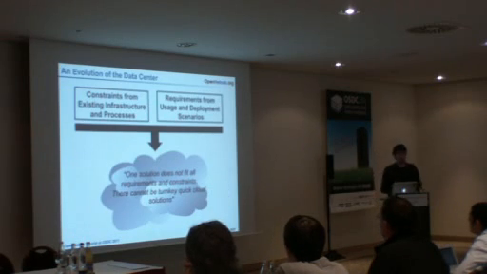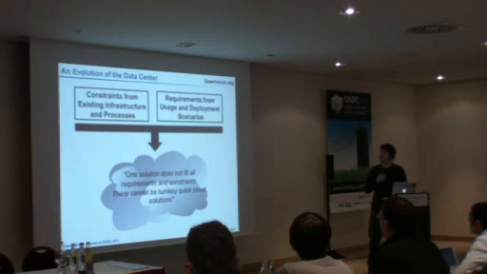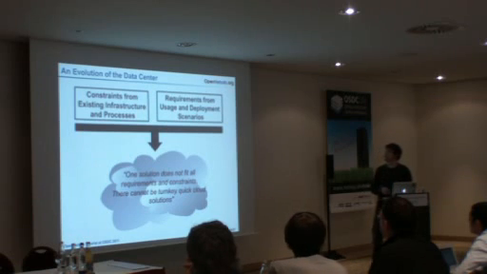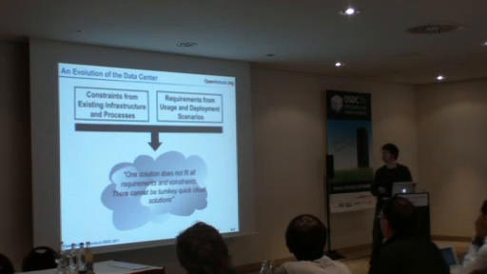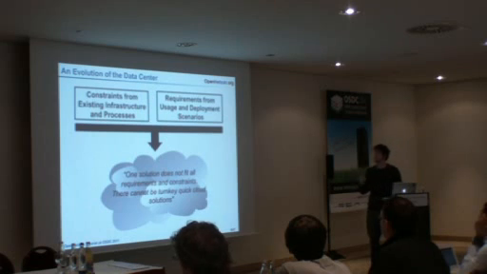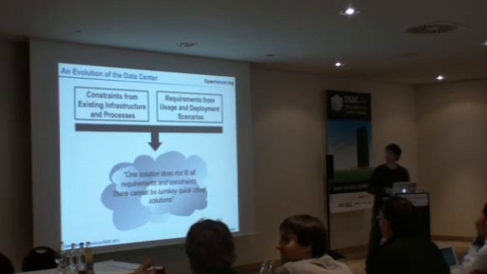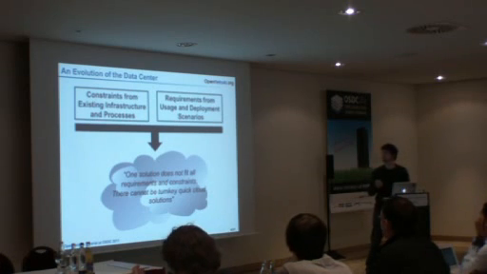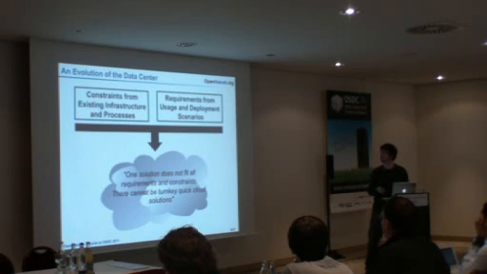Okay, our vision of the cloud is not something that is going to completely break with what we have beforehand, but rather we think it's an evolution of the normal data center. Because of that, there are things to take care of. There are constraints from existing infrastructures and processes, and there are also requirements from usage and deployment scenarios.